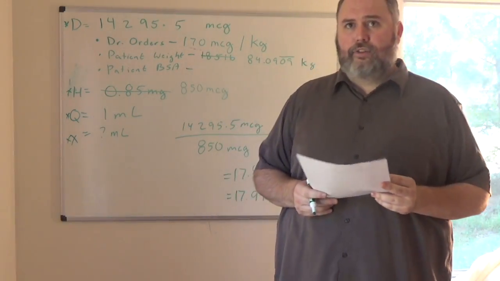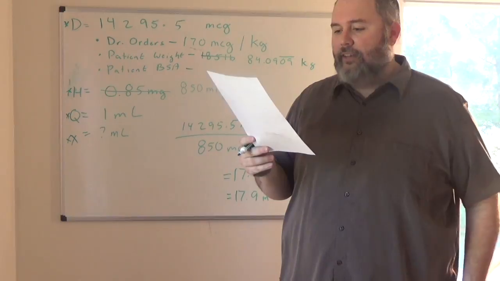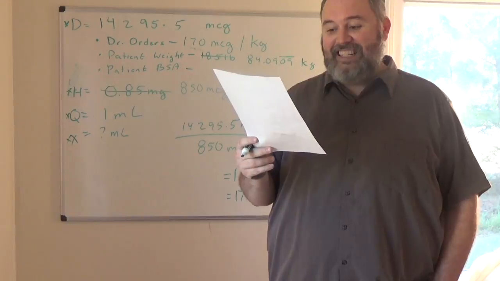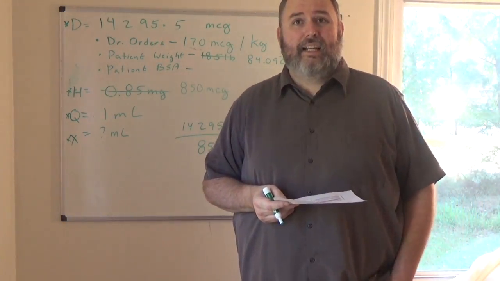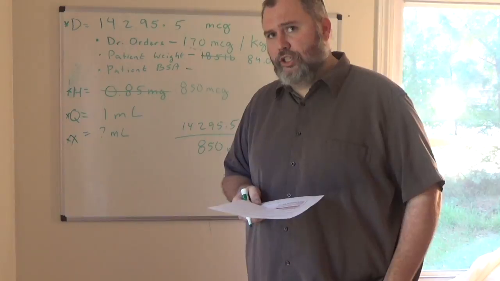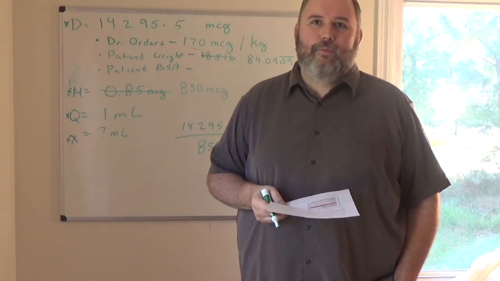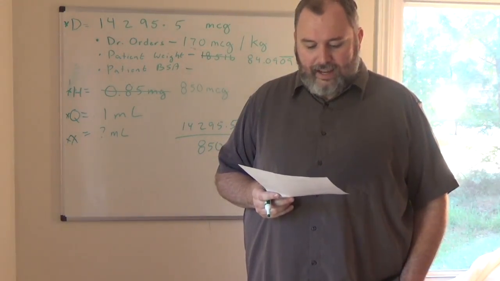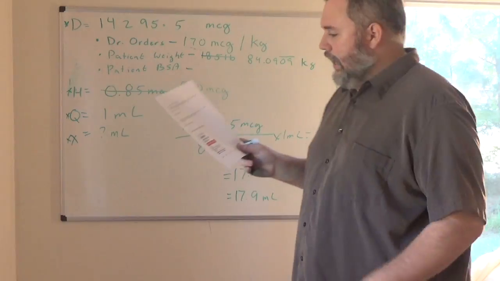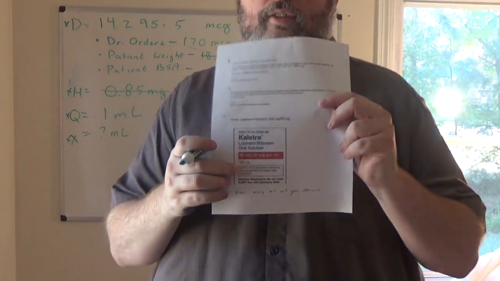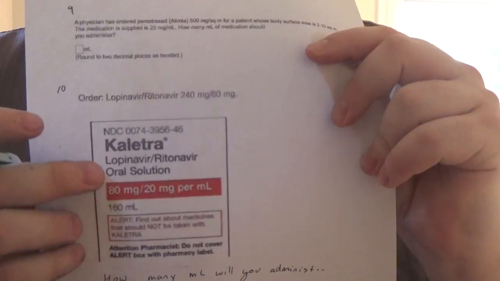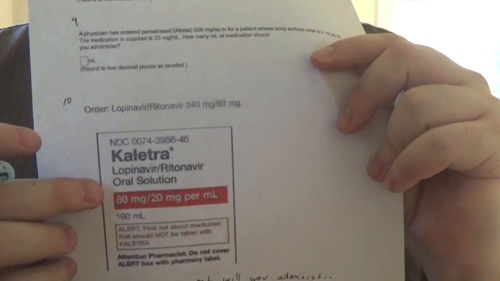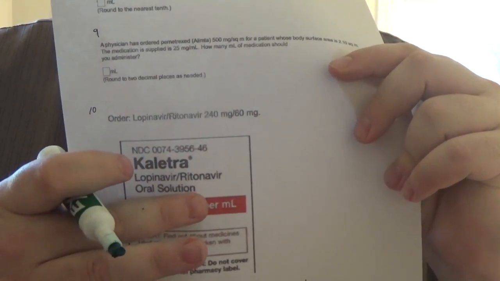And this one is very interesting. If you look at it, it says Lopo/Rido, and then it's got 240 milligrams/60. This is a strength, yes, but it's not quite what you're used to. This is actually 2 medicines rolled into one. This Lopo represents 80, so there is 80 milligrams of Lopo in just 1 milliliter.